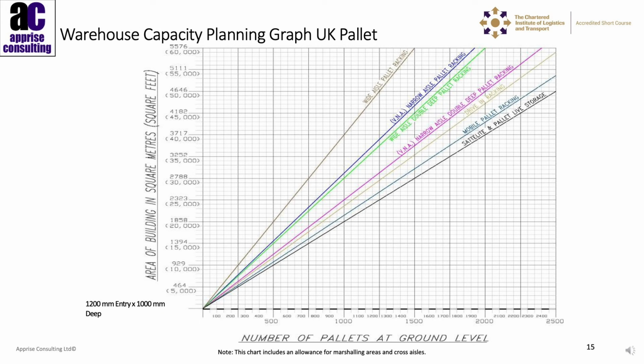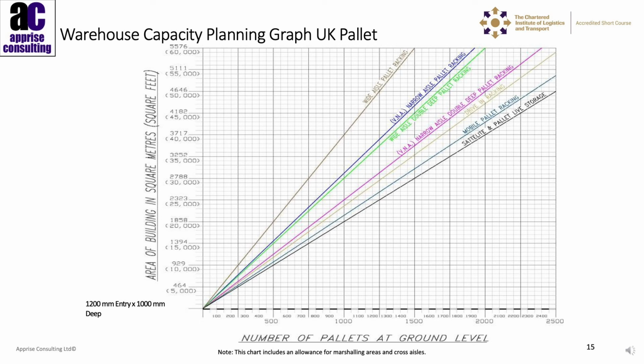On this slide, we can see a comparison between all of the different types of racking that we've just discussed. So if we take an example, if we go to 3,717 square meters, if we follow the line across from the axis and we get to wide aisle racking and then take the line down, we can see that we can store 1,000 pallets in the wide aisle racking.